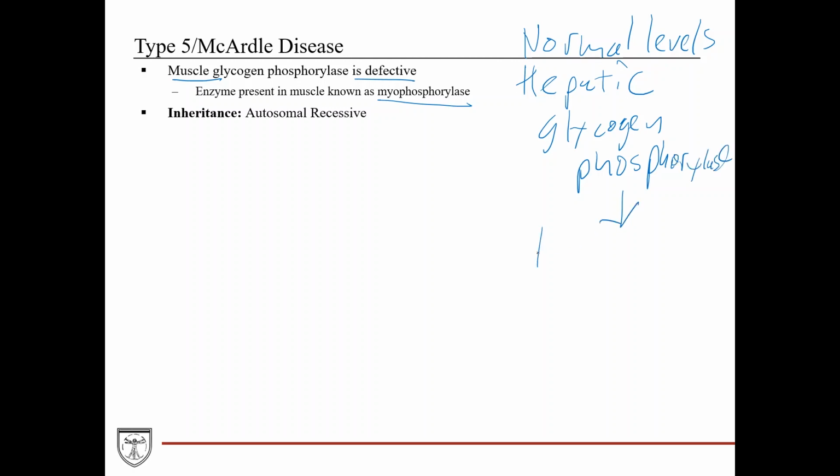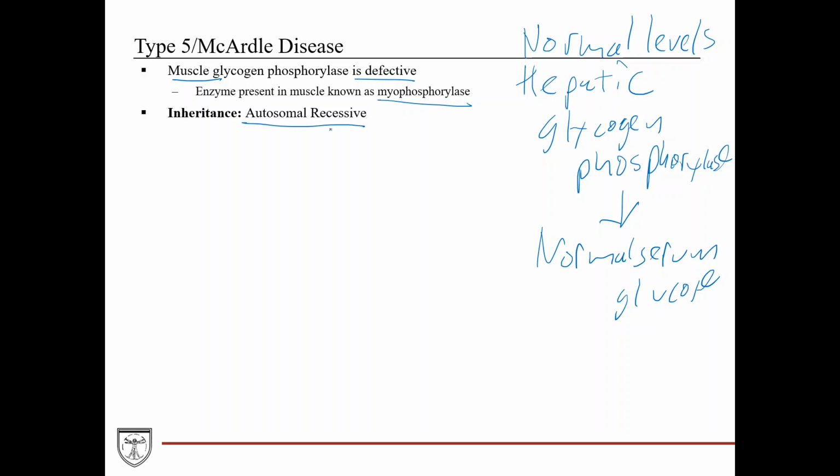And so that actually means you have normal serum glucose levels. Because remember, hepatic glycogen phosphorylase is responsible for breaking down hepatic glycogen, which is then used for peripheral tissues. You'll see why that's important in a few slides here. So the inheritance, autosomal recessive.